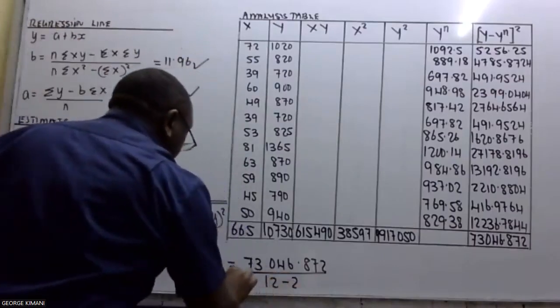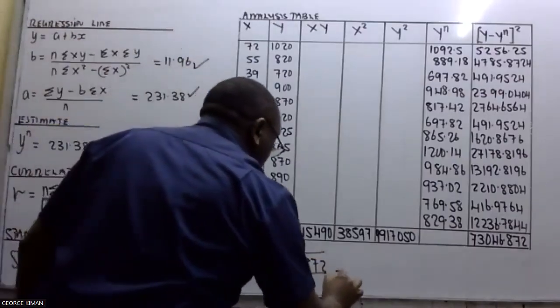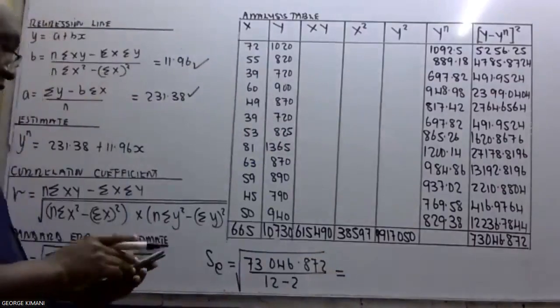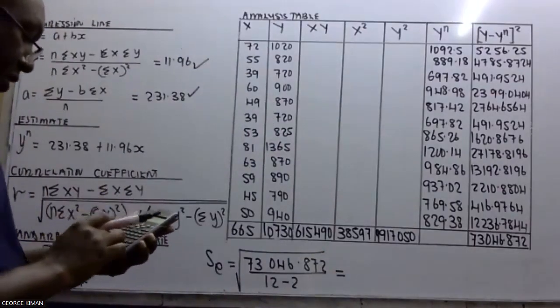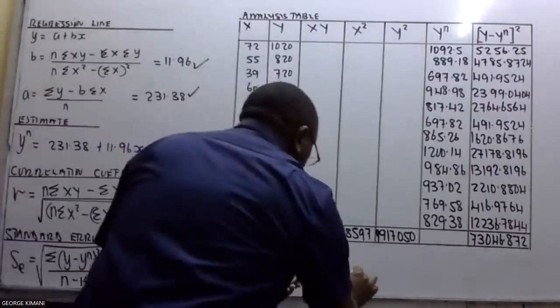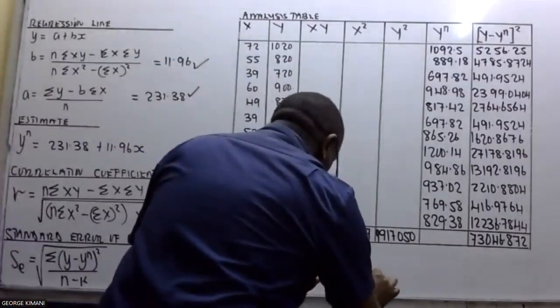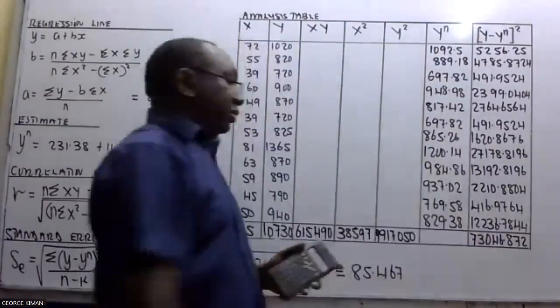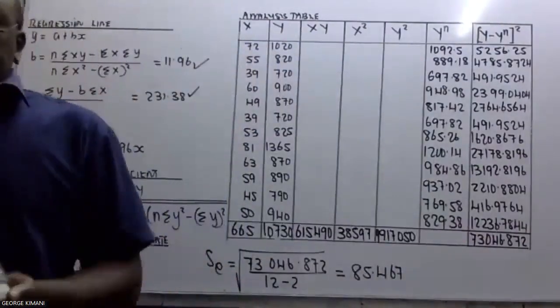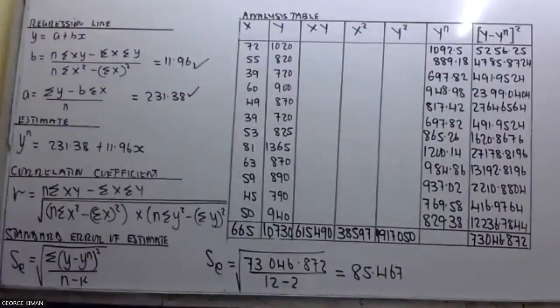So minus 2. So this one I divide by 10 and I get the square root, and I work with 85.467. So I think that is okay, unless you have any other query.